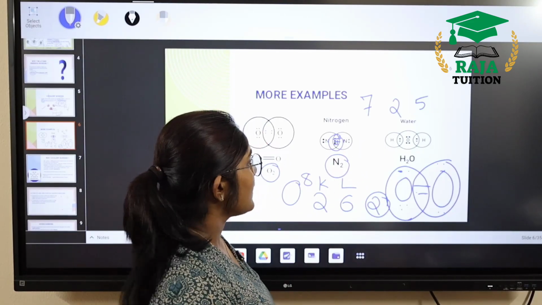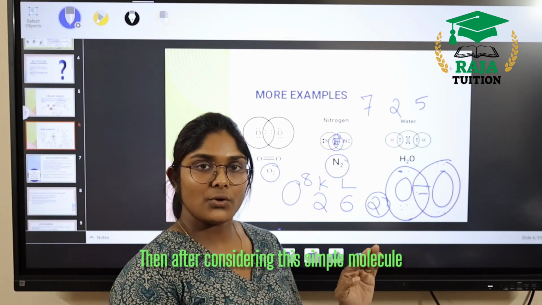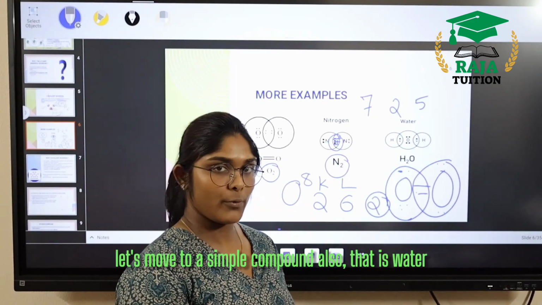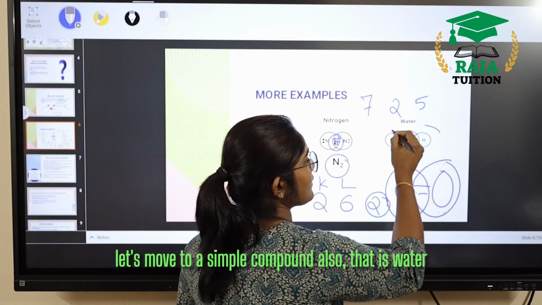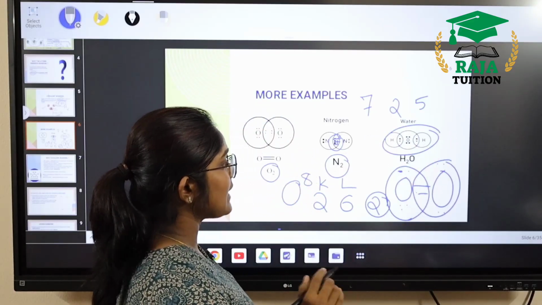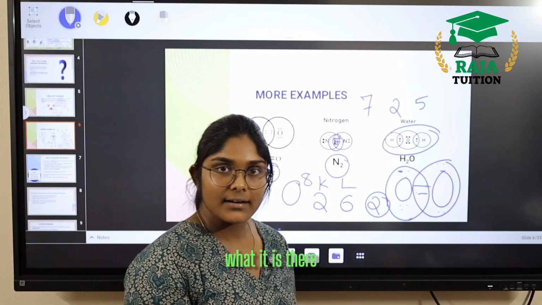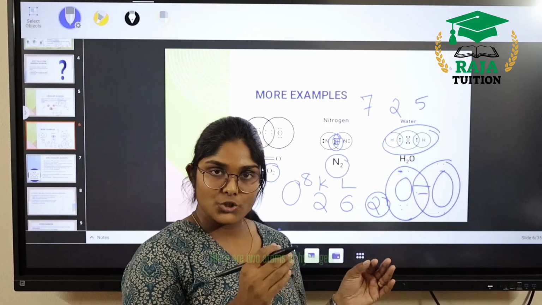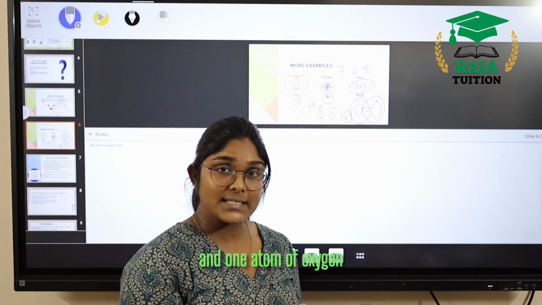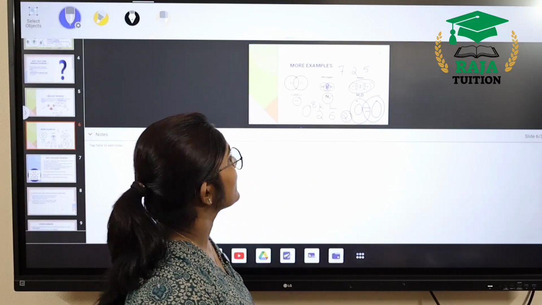After considering this simple molecule, let's move to a simple compound also, that is water. In case of water, there are 2 atoms of hydrogen and 1 atom of oxygen.